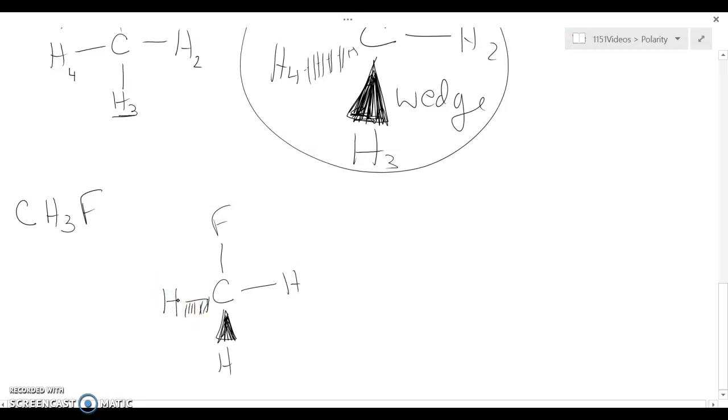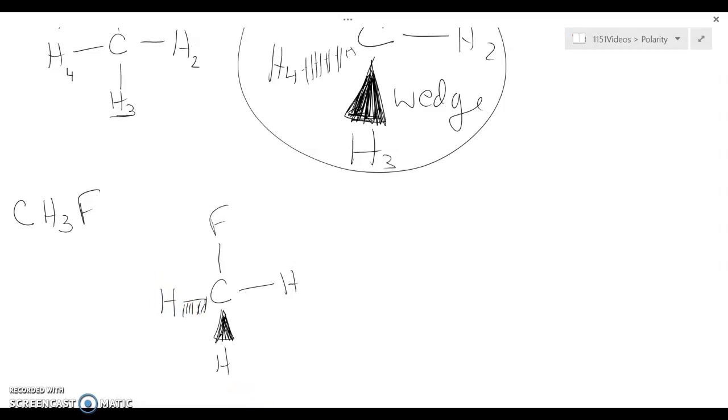Okay. Once again, no net dipole on the carbon to hydrogen bond, whereas the fluorine has negative, positive. Okay. So my individual arrow there is just for the individual bond. It may be easier for you to recognize the net overall molecule has a trend like that.